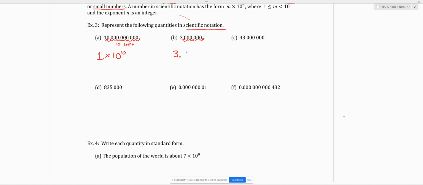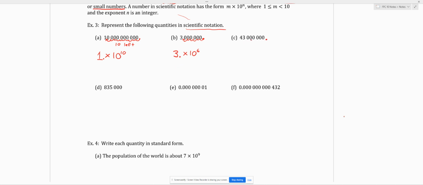And I have to represent all these zeros, all these place values, by saying you take that 3 and multiply it by 10 6 times because we moved it 6 to the left. You could try that in your calculator. I'd like you to go 3 times 10 6 times. So take 3 times 10 times 10 times 10 times 10 times 10 times 10, and you should have 3 million in your calculator.